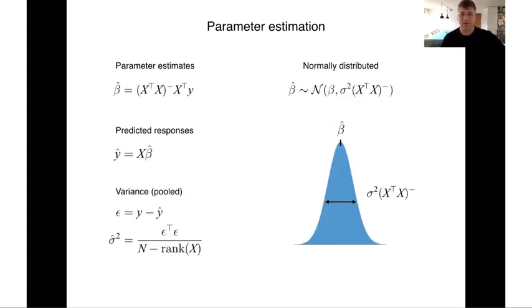So having estimated the beta parameters, we can form predicted responses. That's X times beta. Those are the responses predicted by the model. And we can then take the difference between the data and the data prediction to form residuals. And these can be used to form the variance estimate. And we note that the parameter estimates are normally distributed.